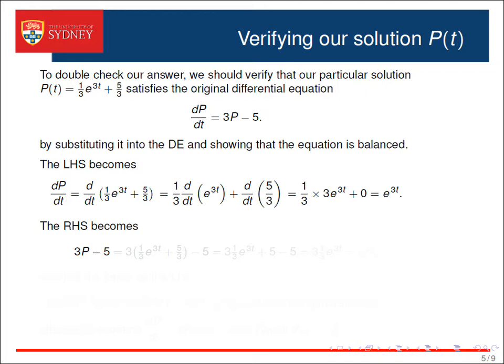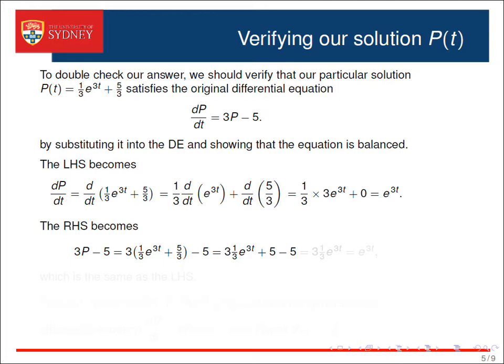Now the right-hand side of the differential equation is 3p minus 5. Substituting our answer in for p gives 3 times our answer, a third times e to the 3t plus 5 on 3, minus 5.